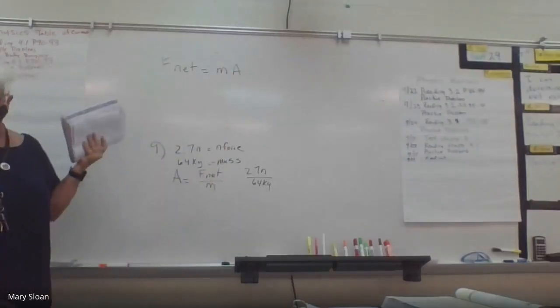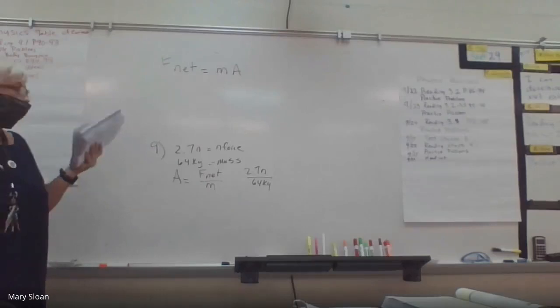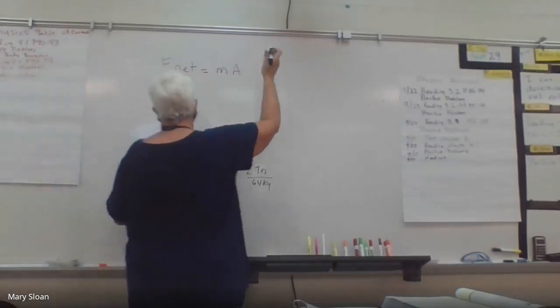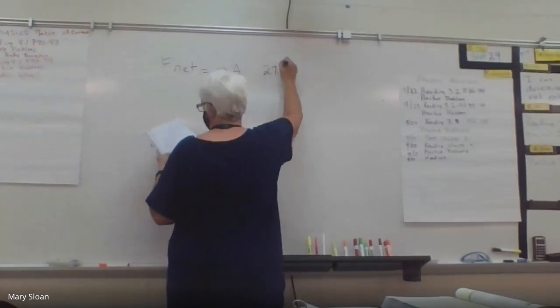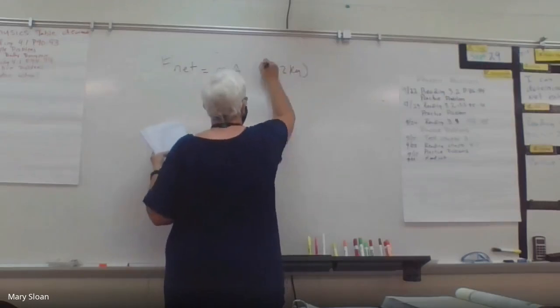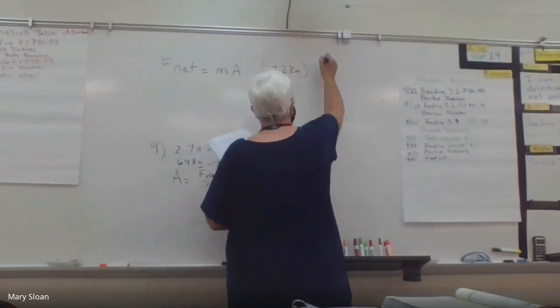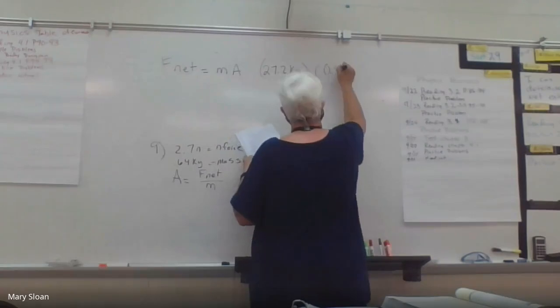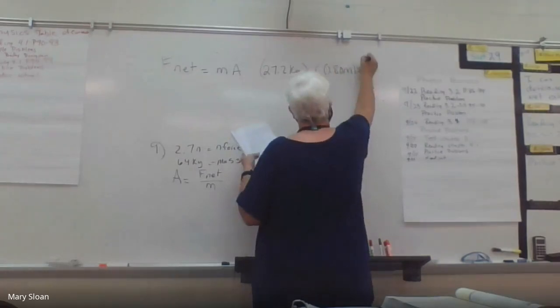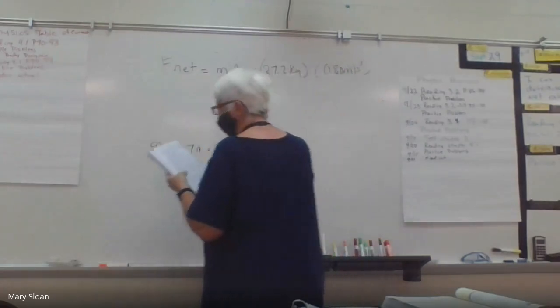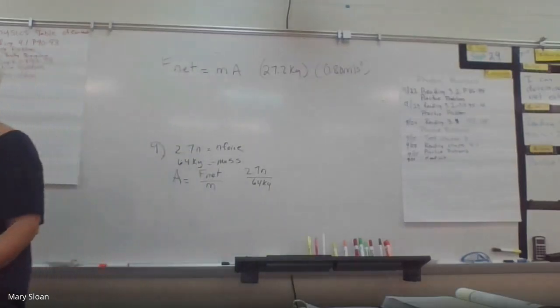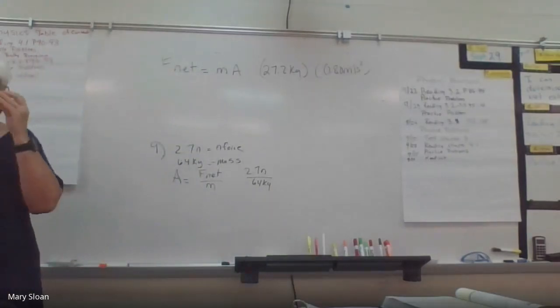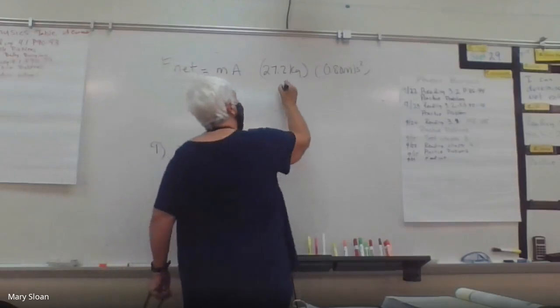We changed the formula, remember? Her mass is 27.2 kilograms, and we multiply by her acceleration, 0.80 meters per second squared. Put it in your calculator, and you should get 22 newtons.